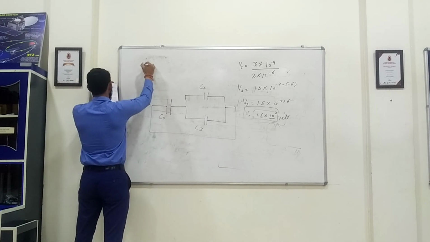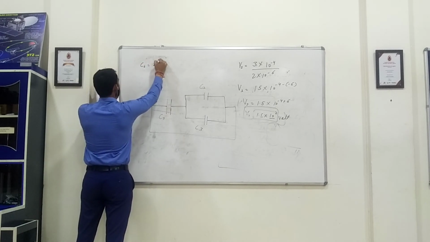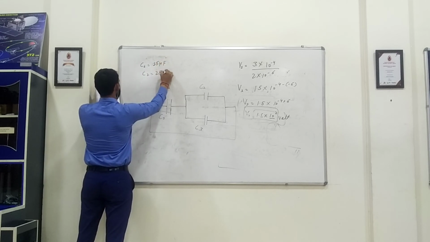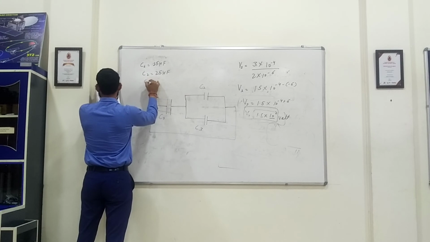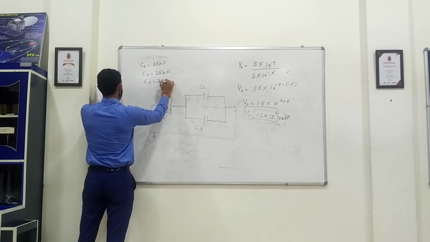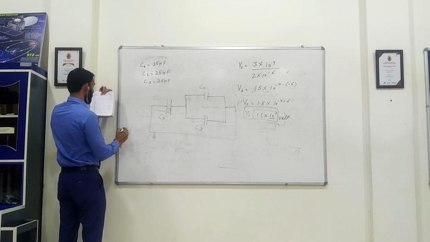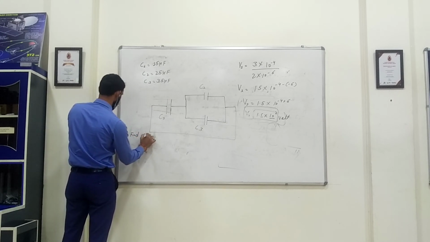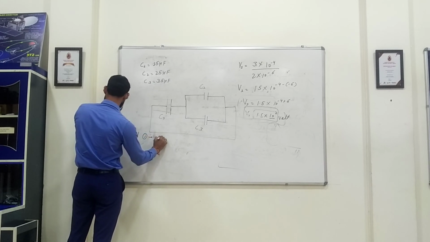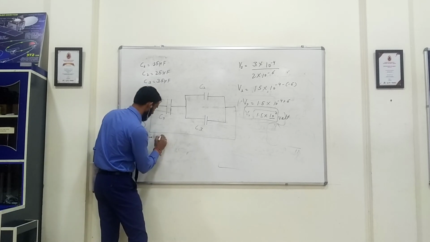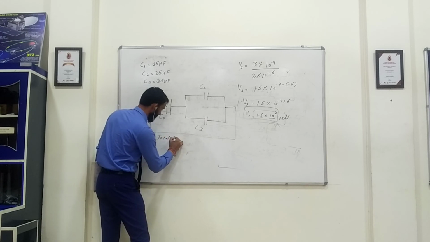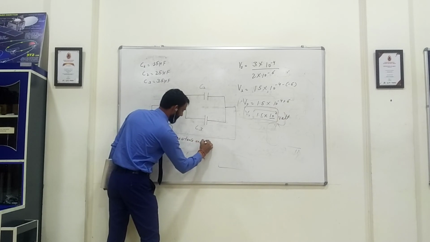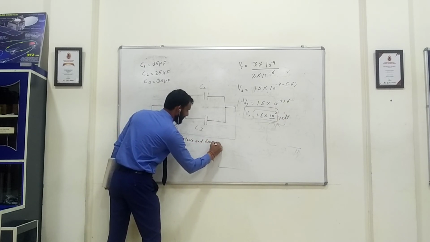C1 is equal to 15 microfarad, C2 is equal to 25 microfarad, and C3 is equal to 35 microfarad. Now what all do you have to calculate? Find first part, total capacitance and energy. Total capacitance and energy of the system you have to calculate.